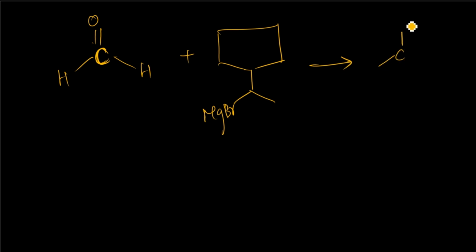So the remaining part I'm writing over here. This is having OH, and on both sides I'm having hydrogens, right? So the remaining CH3 is there from the Grignard reagent.